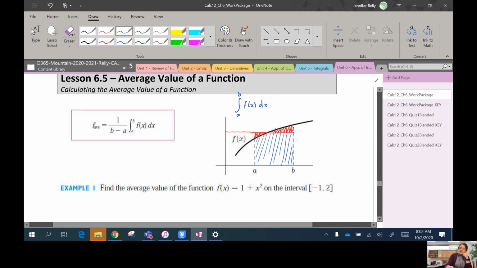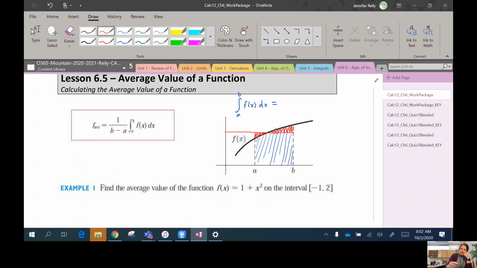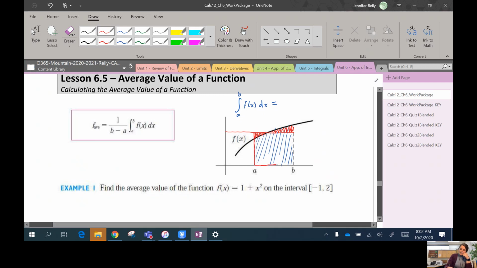That's going to be exactly equal to if you made a rectangle with a height of the average value, we'll call that f av for short, and the width is the width of the interval that you're looking at, so it'll be b minus a.